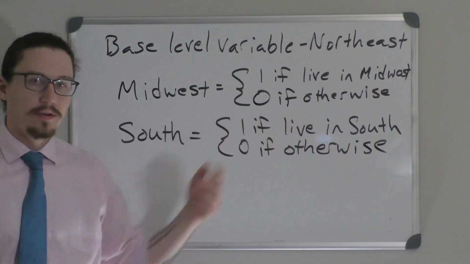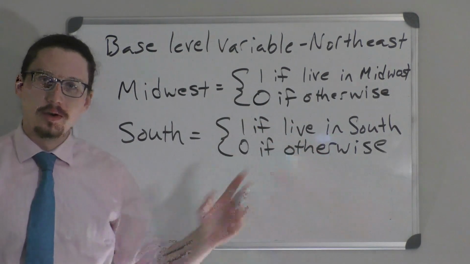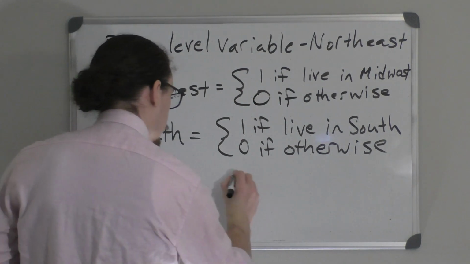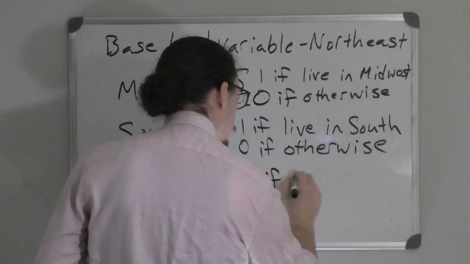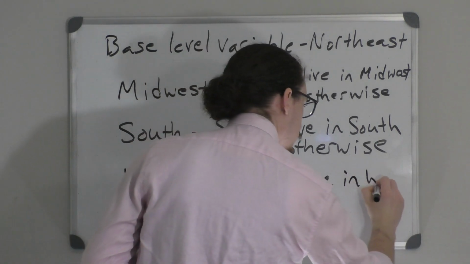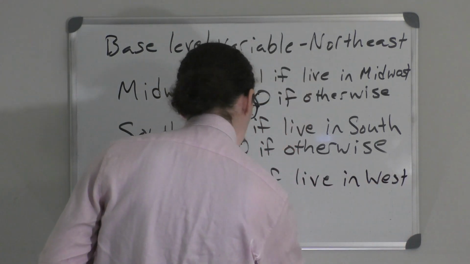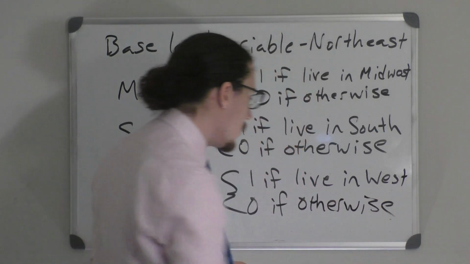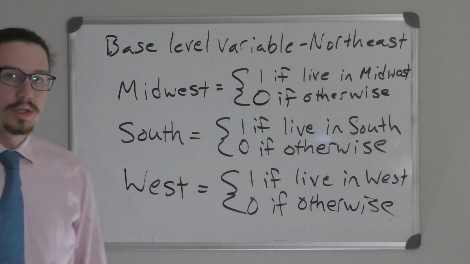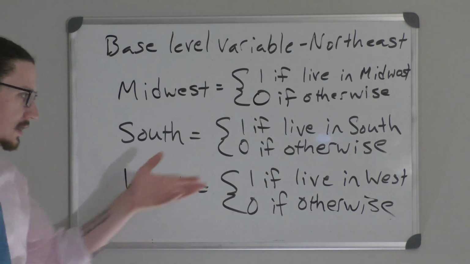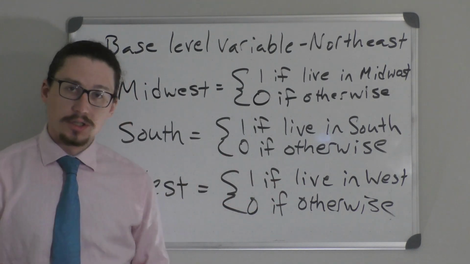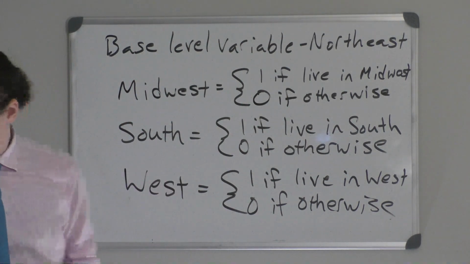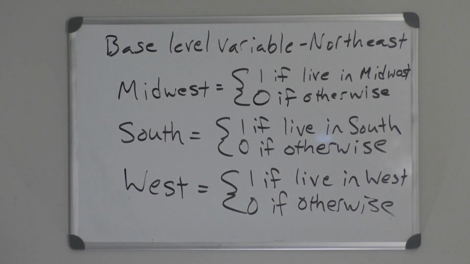We're also going to have the categorical variable South, 1 if the individual lives in the South, 0 otherwise. And finally, we're also going to include the variable West, 1 if the person lives in the West, 0 otherwise.